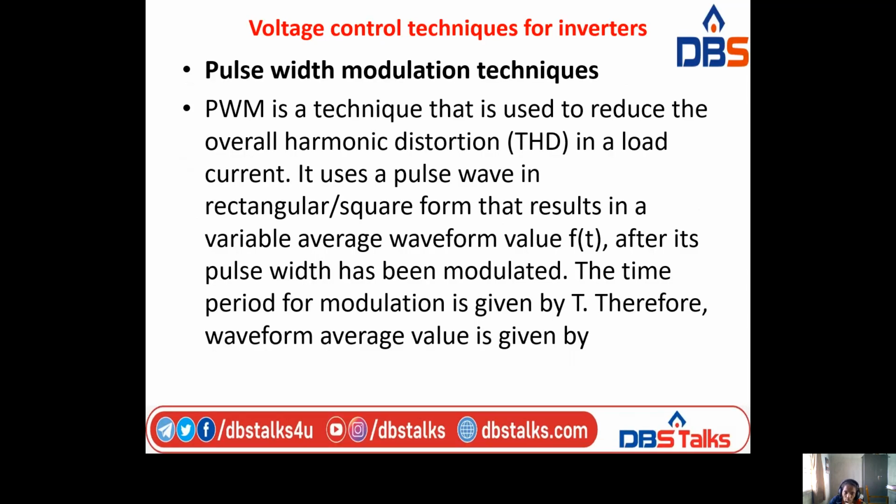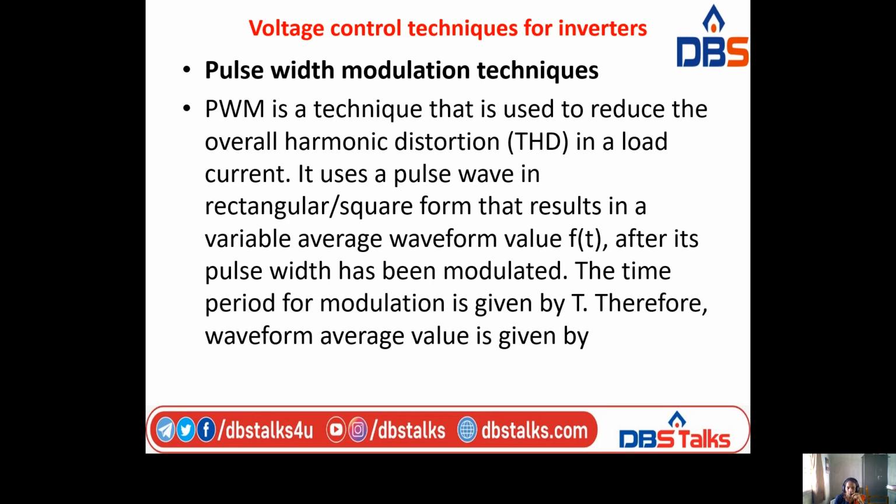Next, coming to voltage control techniques for inverters. For this we use PWM, pulse width modulation technique. PWM is a technique used to reduce the total harmonic distortion, THD, in the load current.